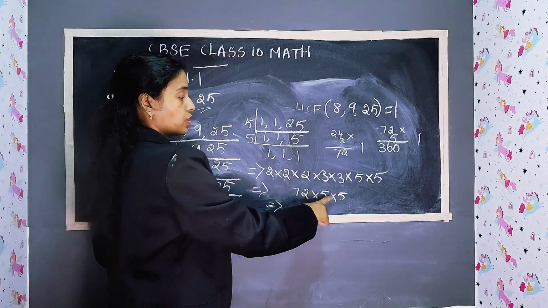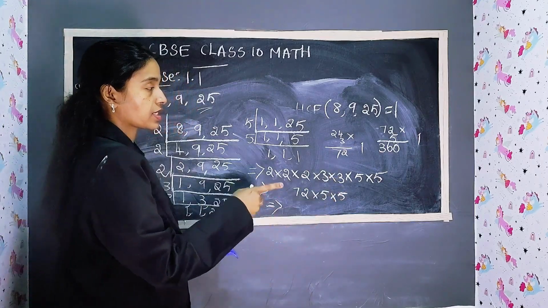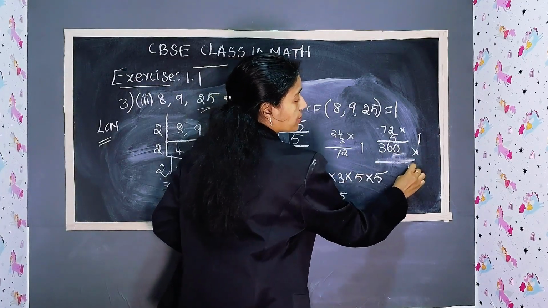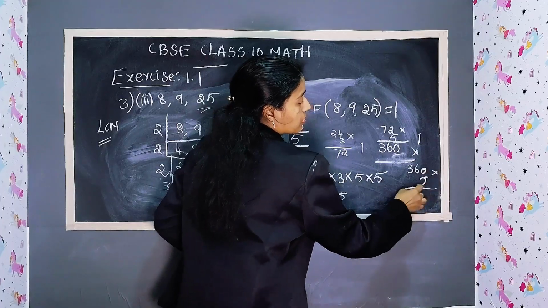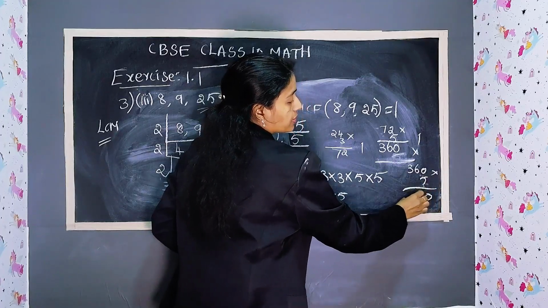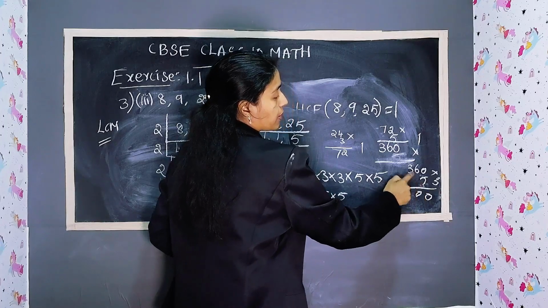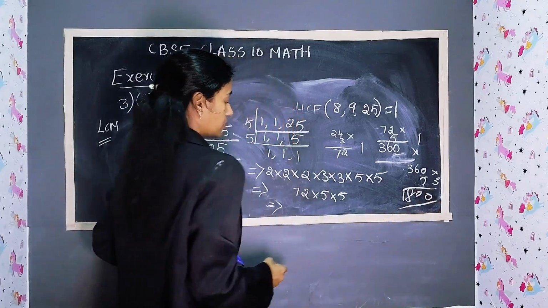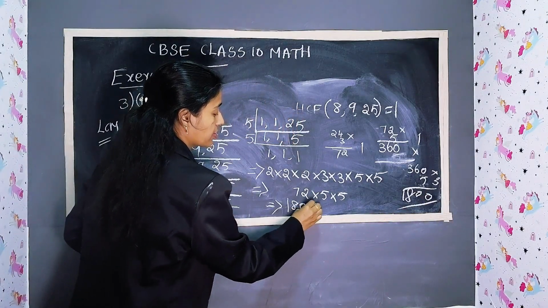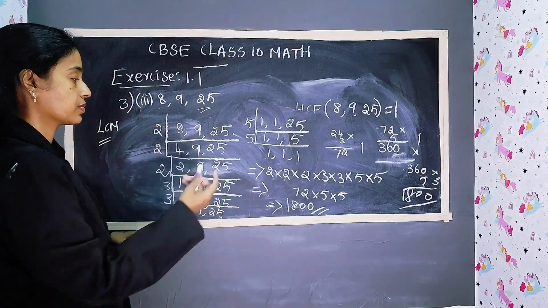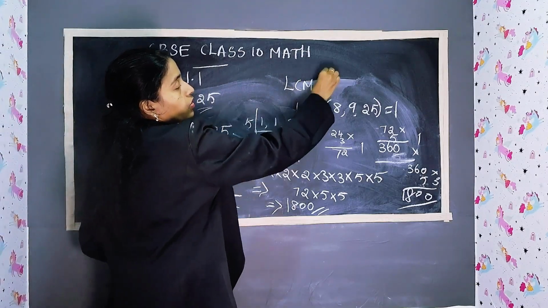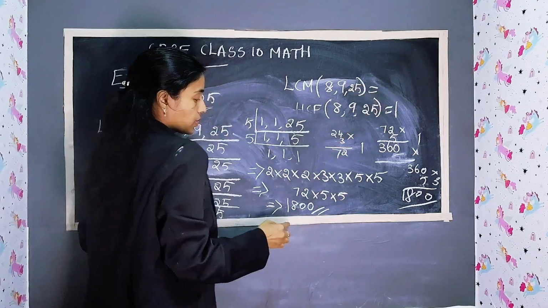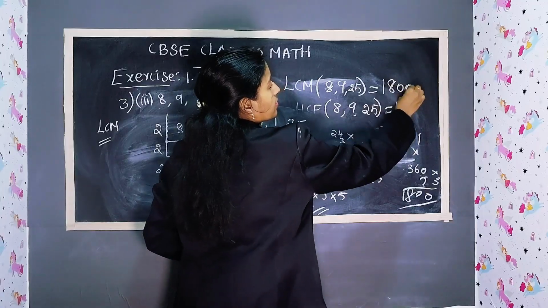Again we need to multiply this 360 by 5. 5 zeros are 0, 6 fives are 30, and 5 threes are 15. 15 plus 3, 18. So I'm getting 1800 as the LCM. Now we can write LCM of 8, 9, 25 equals 1800, right?